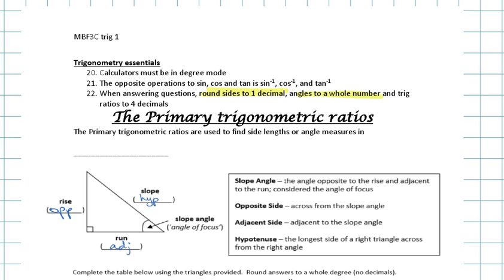Okay? So on the calculator, do sine 50 for me. No, I didn't say sine 50, I said sine, then put 50. What do you get?